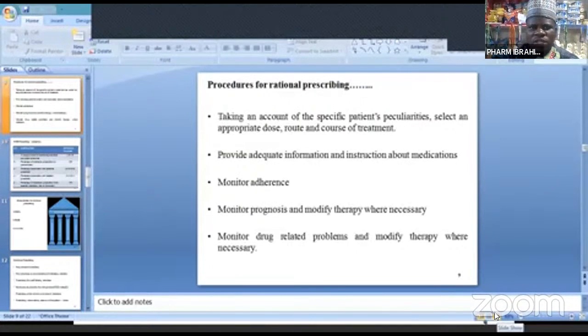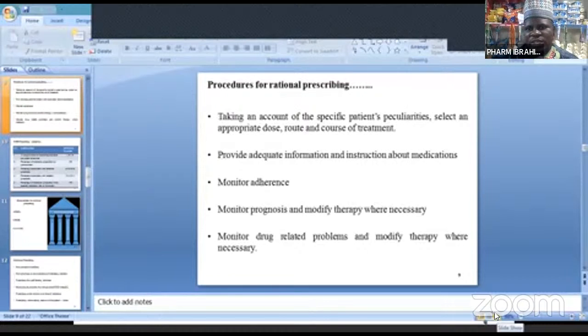So we have some models to evaluate rational prescribing, and all the models are linked to 4 basic principles of biomedical ethics: patient autonomy, beneficence, that is, it should be beneficial to the patient, non-maleficence, it shouldn't cause any harm, justice, and veracity.